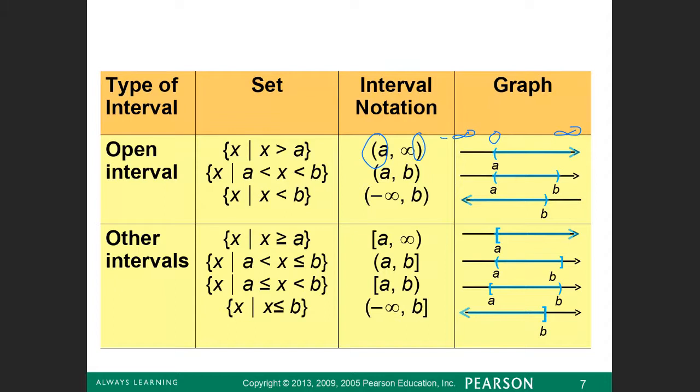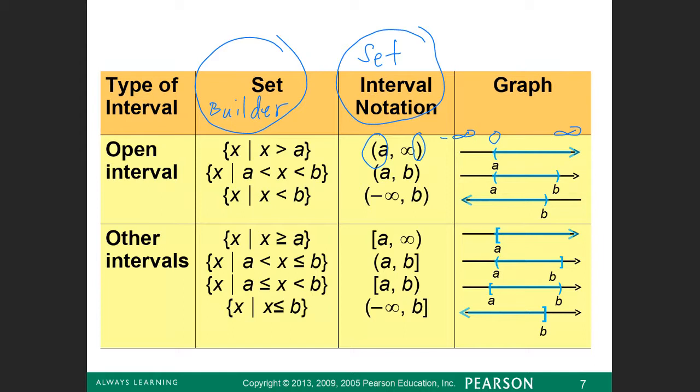On the second column, this is the set builder notation. The common notation that we're using for this is set interval notation. So there are two notations that you can use actually, but the common one is set interval notation.